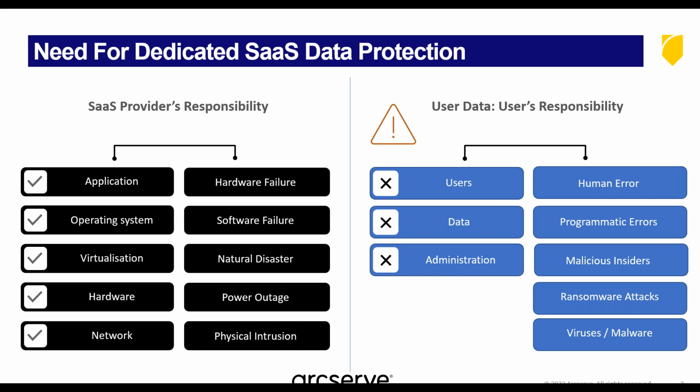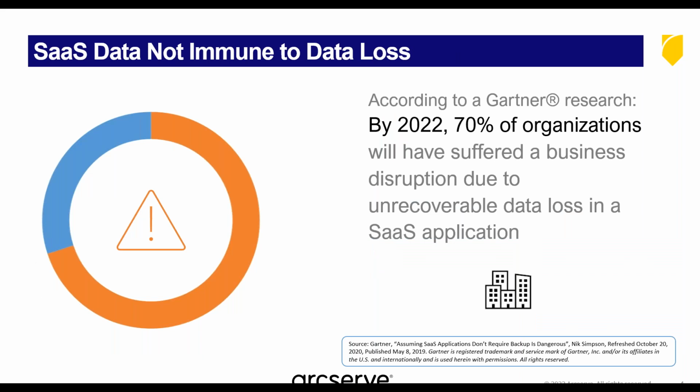Of course, there are also a lot of other attacks or data losses due to viruses, malware, ransomware attacks, which are all a forever continuous threat. Gartner research states that assuming SaaS applications don't require backup is dangerous.